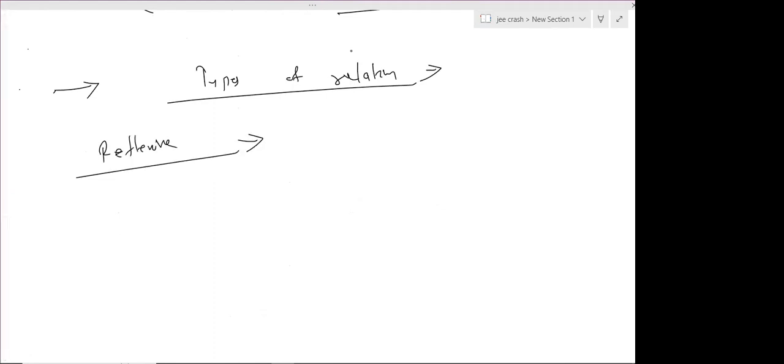So these are really very basic things. The most important thing is types of relation. There are 3 types of relation: reflexive. Reflexive is a relation where every element of A is related to itself.